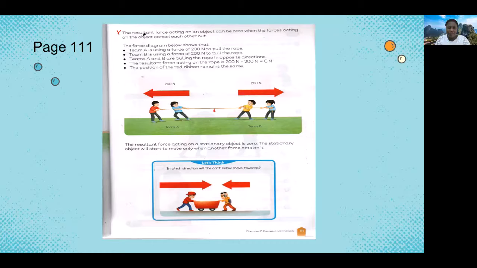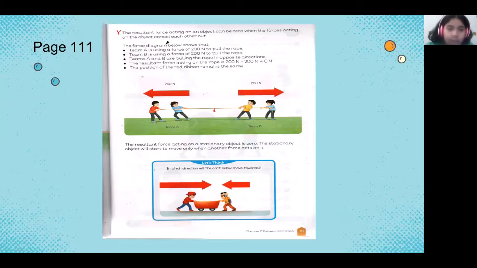The first diagram below shows that Team A is using a force of 200 Newton to pull the rope. Team B is using a force of 200 Newton to pull the rope.